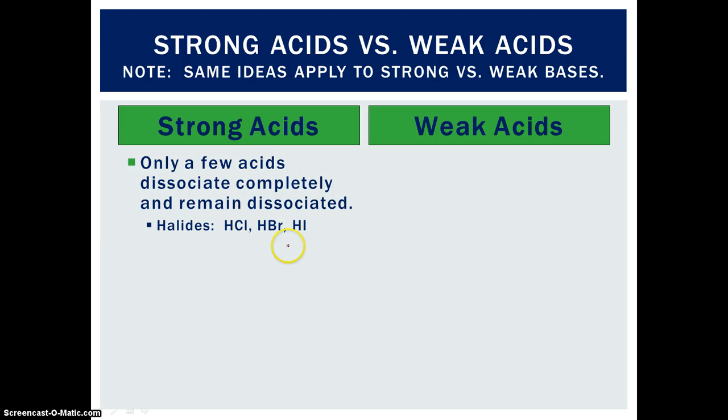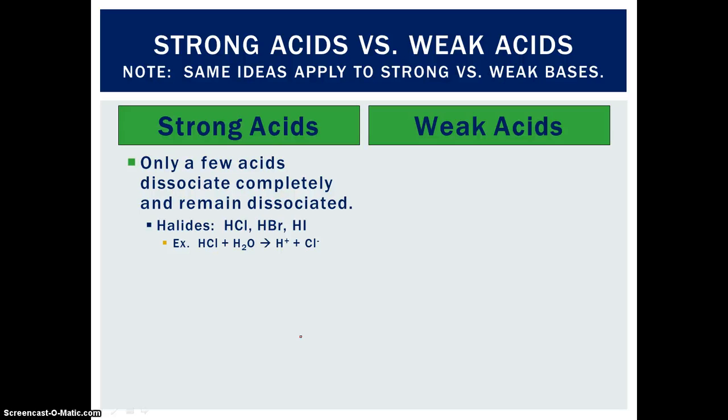Now notice that HF, hydrofluoric, is not on this list. It is not a strong acid. So skip fluorine, and then the next three down. The reason why hydrofluoric is not a strong acid is because fluorine is so electronegative, it so strongly bonds to that hydrogen and doesn't want to let it go.